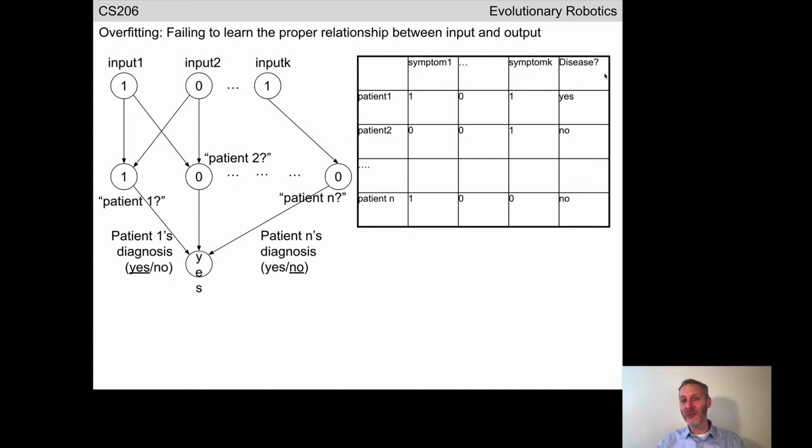So instead of learning this function, the neural network is learning to recognize these different patients and encode their disease outcome in the synapses. This is not unlike all of us, maybe some of us have done this in the past. You failed to study for a test, and the night before the test, instead of studying all the material, you get a copy of the same exam that was given last year, and you memorize all the examples.